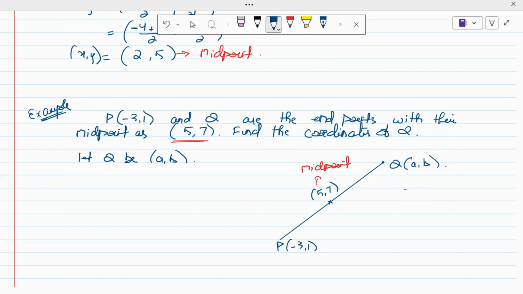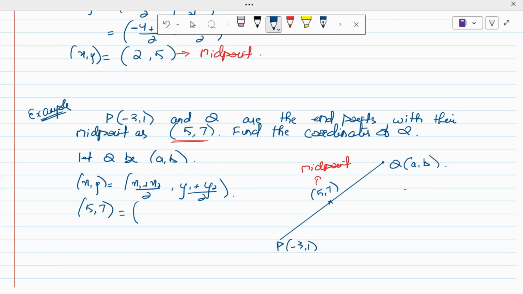So we'll use the midpoint formula. The midpoint formula is (x, y) equals ((x1 + x2)/2, (y1 + y2)/2). The midpoint is (5, 7), so it would come here.